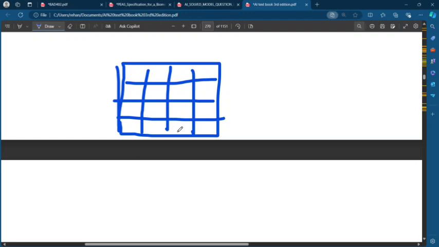Okay, here pit is not. So usually pit is here, Wumpus is here, there is a pit here too, and here also I think, and gold is here. You just draw this diagram: 1 2 3 4, and 1 2 3 4.